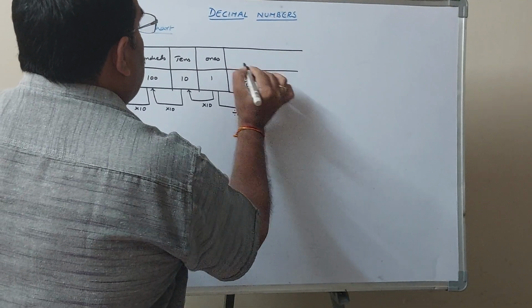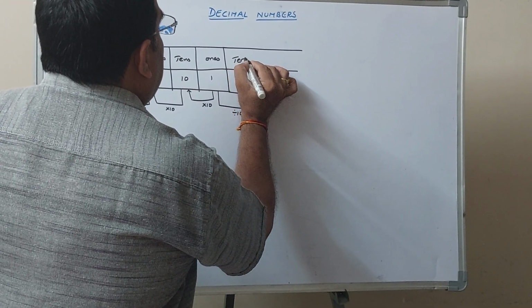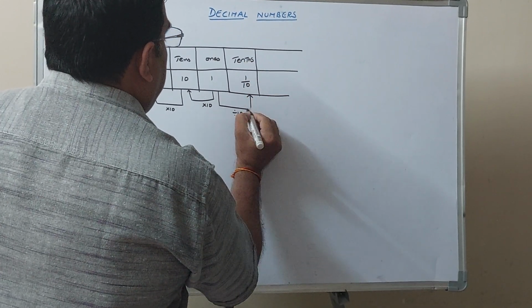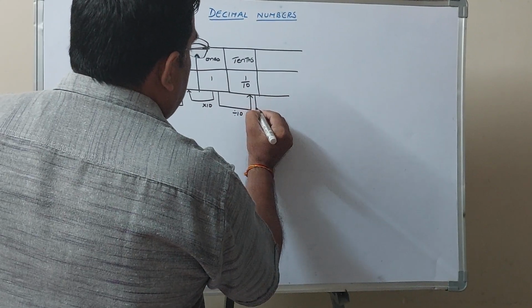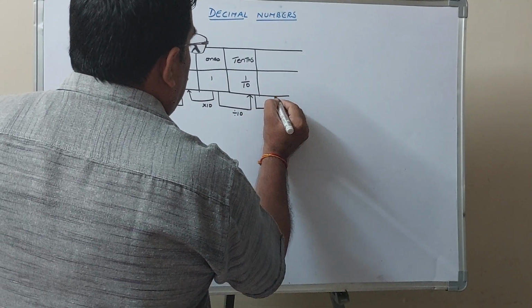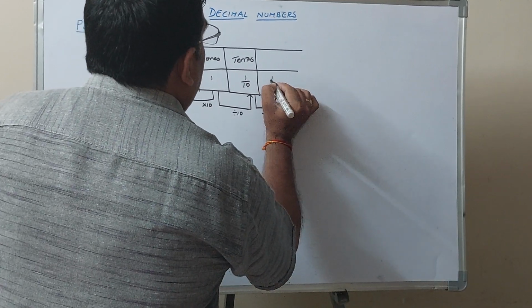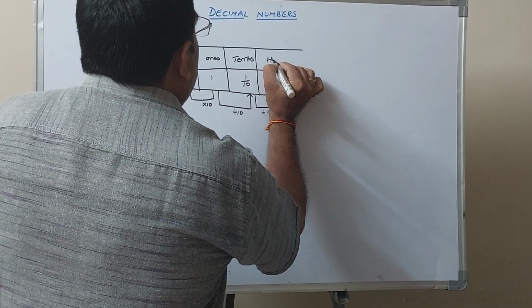This is called tenths. If you divide this again by 10, what do you get? 1 by 100. That is hundredths.